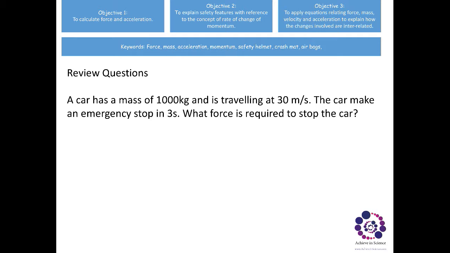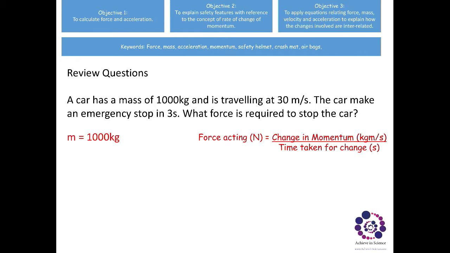Next question. A car has a mass of 1,000 kilograms and is travelling at 30 meters per second. The car makes an emergency stop in 3 seconds. What force is required to stop the car? Remind yourself of the equation. Write out what you know. Mass, 1,000 kilograms. Travelling at 30, it makes an emergency stop.